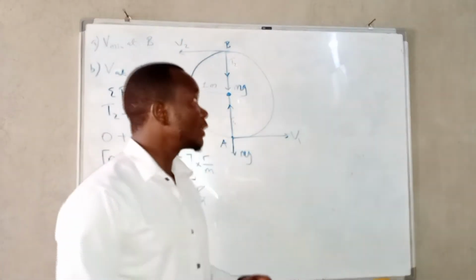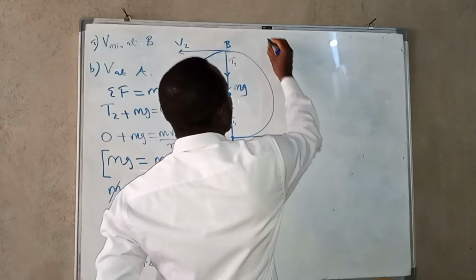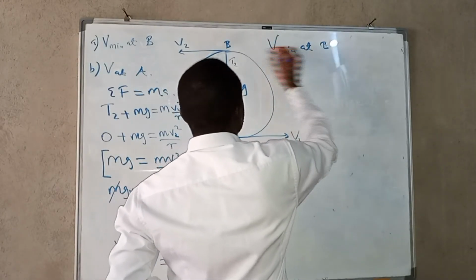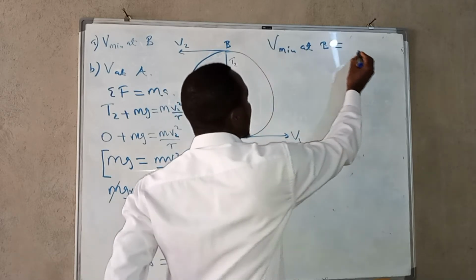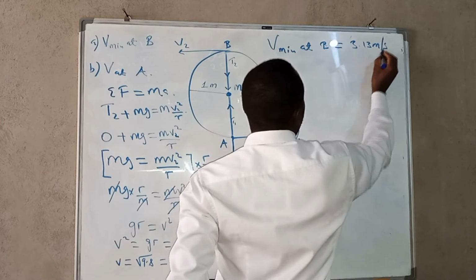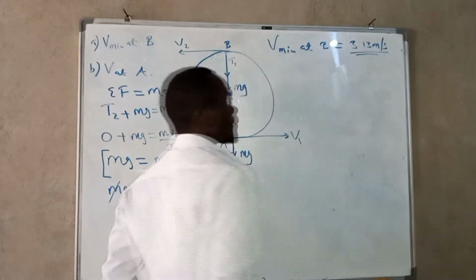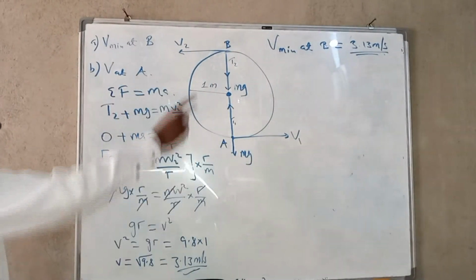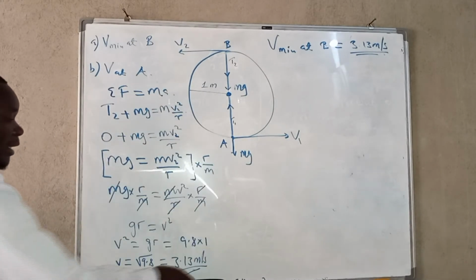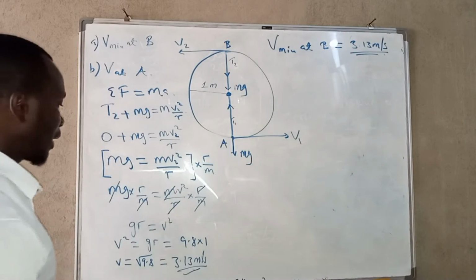The minimum velocity at the top, v min at B, which is the highest point, is equal to 3.13 meters per second. So from this, we can go on.